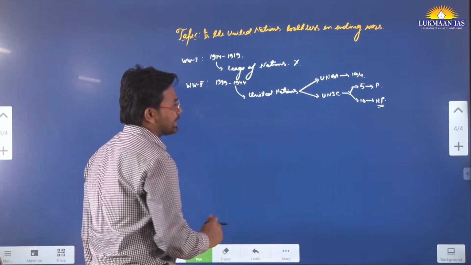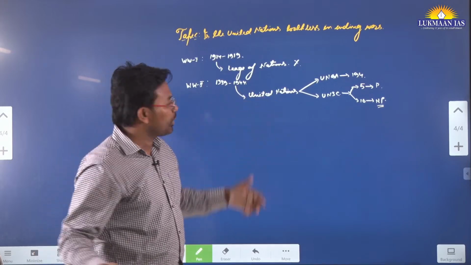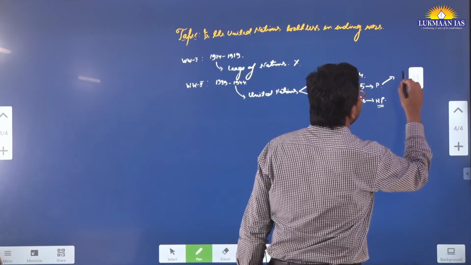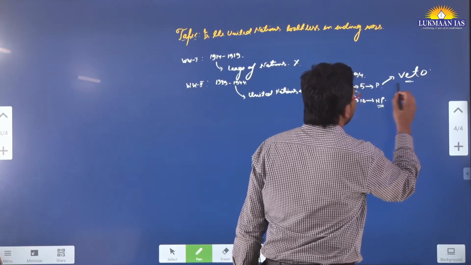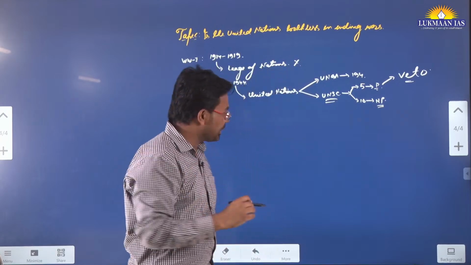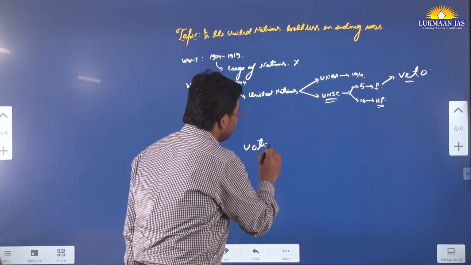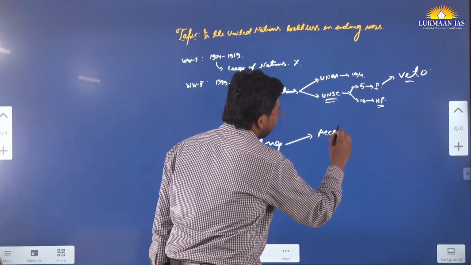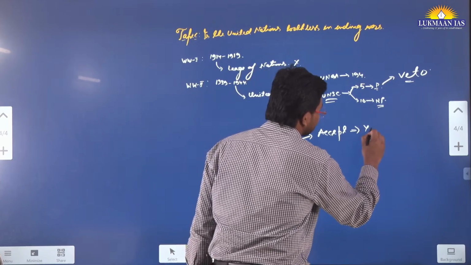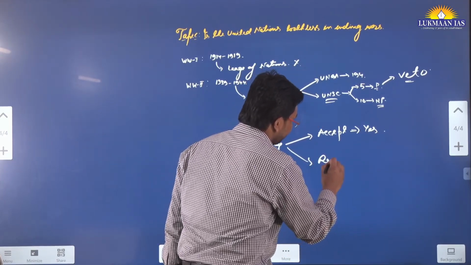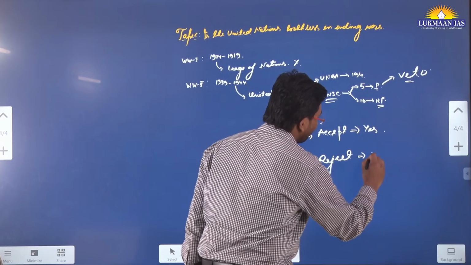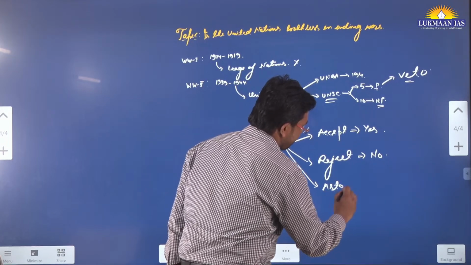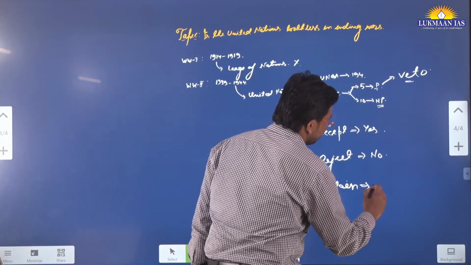If a resolution is introduced in the United Nations Security Council, any one of these 5 permanent members can veto. If a voting happens, they can accept, meaning they say yes, or they can reject, meaning they say no. The third option is to abstain, meaning no voting.